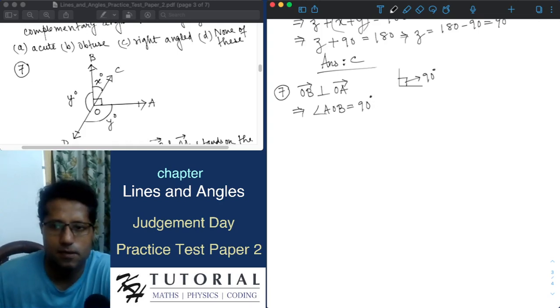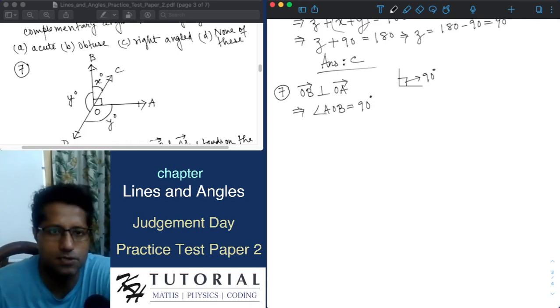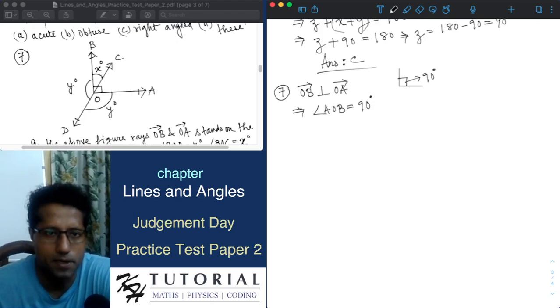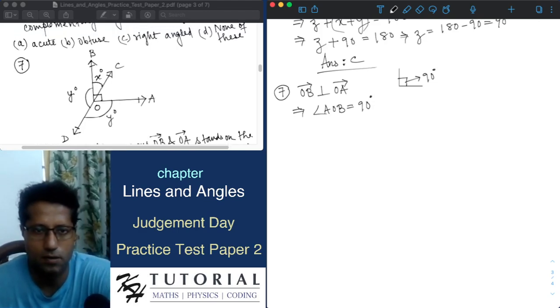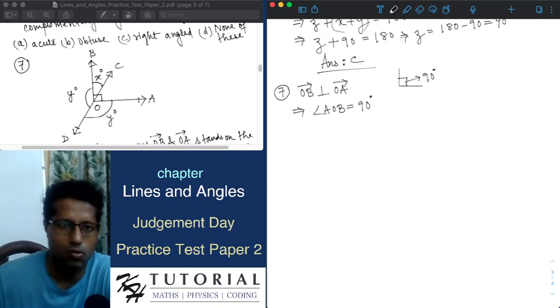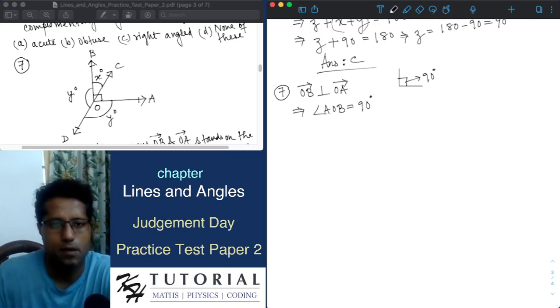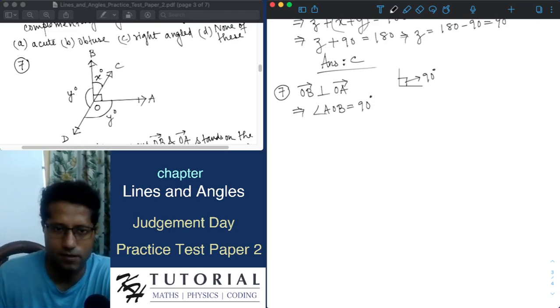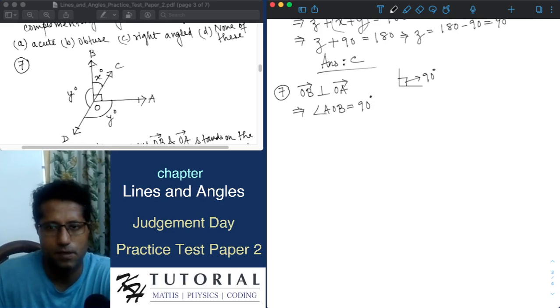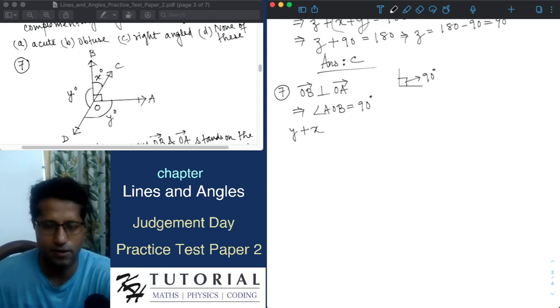Also we can see that since CD is a straight line and OB is a ray standing on the line CD at the point O, we can say that y and x are a linear pair of angles lying on the same side of the straight line CD. So the sum of a linear pair of angles is 180 degree.